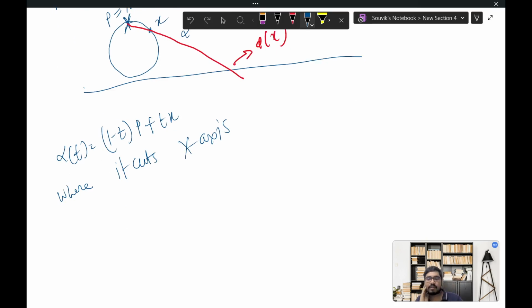We need to write this very explicitly. So take x equal to (x1, x2, ..., x_{n+1}) and P equal to (0, 0, ..., 0, 1).